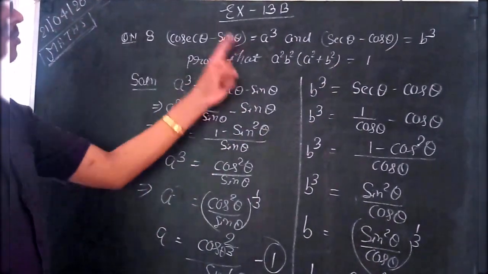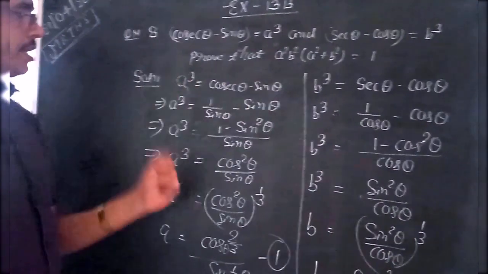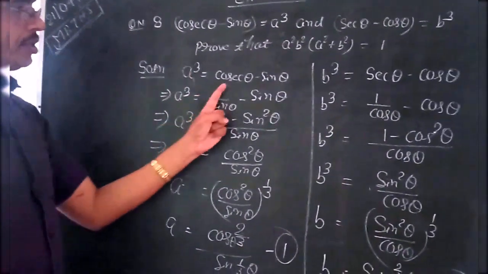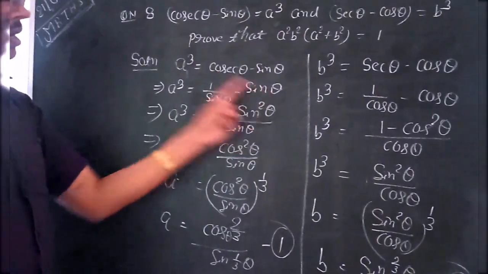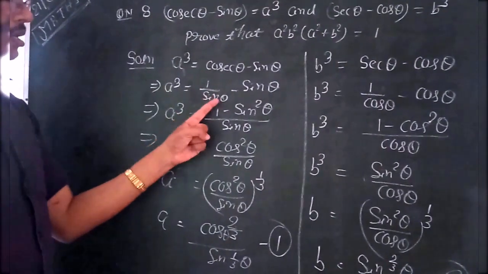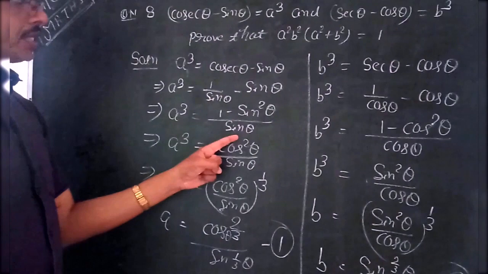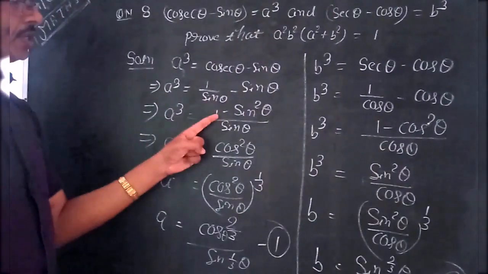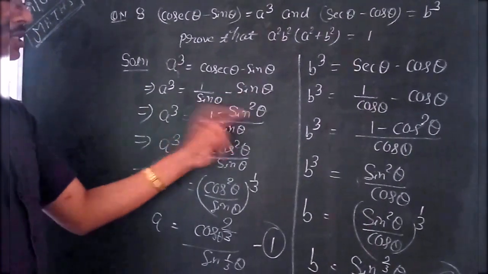Dear students, first write a cubed, that is cosec theta minus sin theta. Then a cubed, this cosec changes into 1 by sin minus sin theta, because the reciprocal of cosec is 1 by sin. Now take LCM. LCM is sin. Sin divided by sin gets 1, and 1 into 1 is 1. 1 divided by sin gets sin, and sin into sin is sin square.